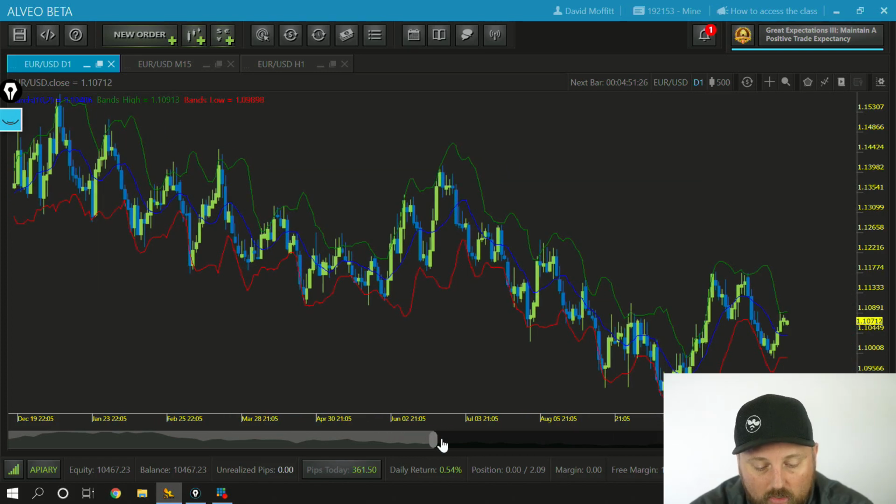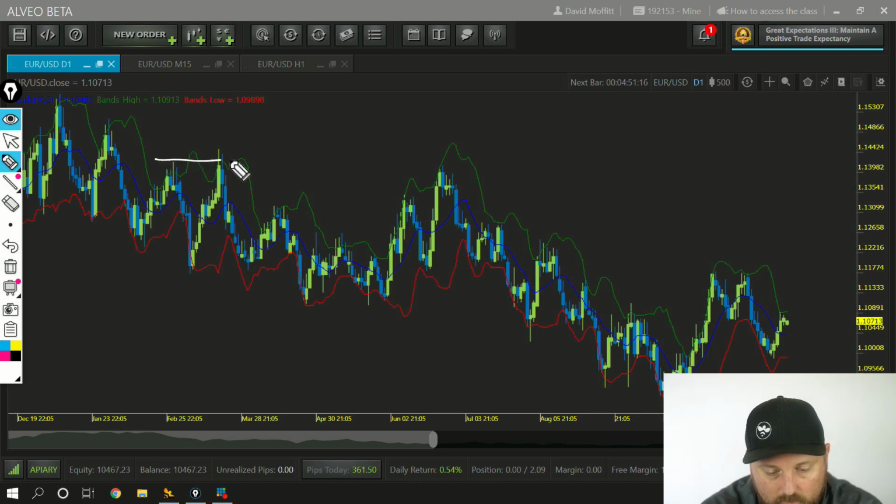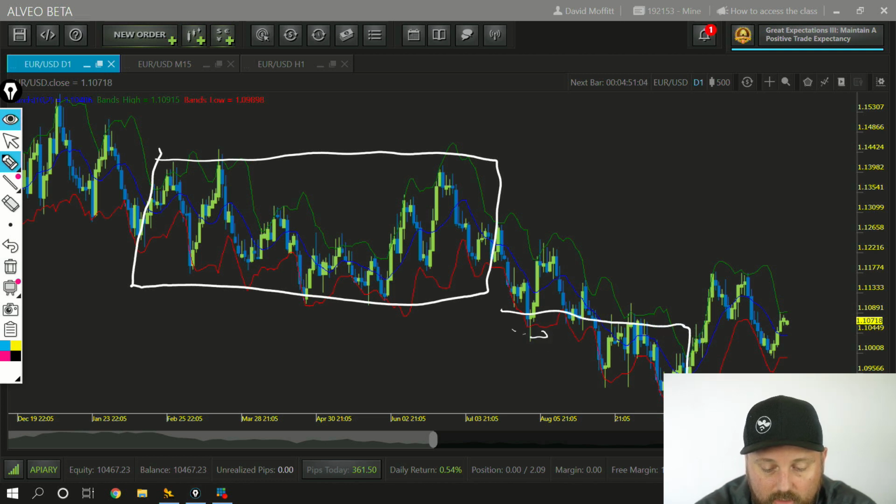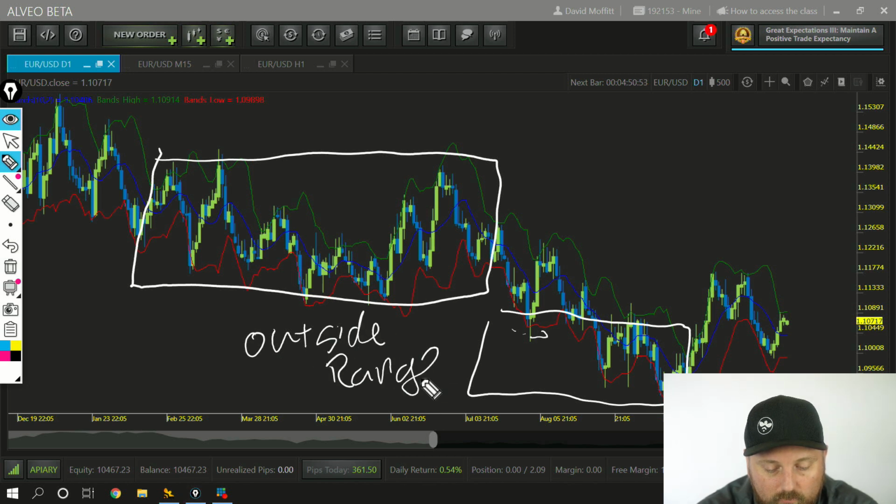So I'm going to draw a range here. I'm going to say this is a trading range on the daily chart. Anything that is outside of this range, so this stuff right here, would be considered outside the range.